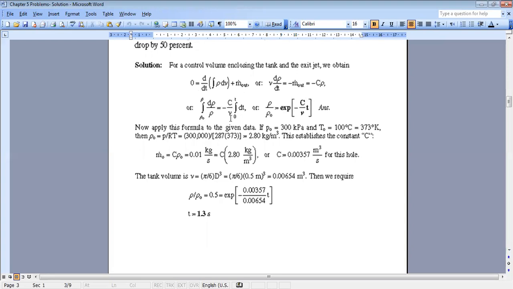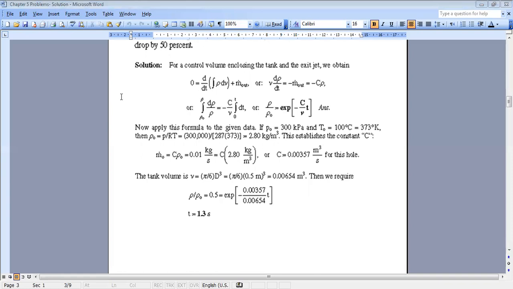Now the second term is very simple for me. I just need to find rho 0. This is why they gave you the initial pressure and temperature, because for air the constant R is known, equal to 287. So you can just apply P equals rho RT.